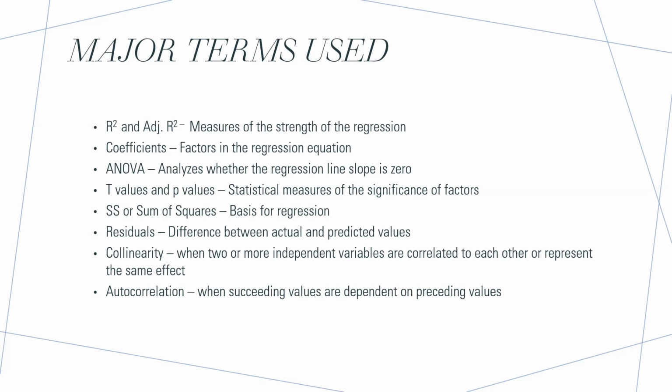How close was it? And next is collinearity. That's when two or more independent variables are correlated to each other, which means they may represent the same effect. And the last being autocorrelation. Autocorrelation is when succeeding values are dependent on preceding values.